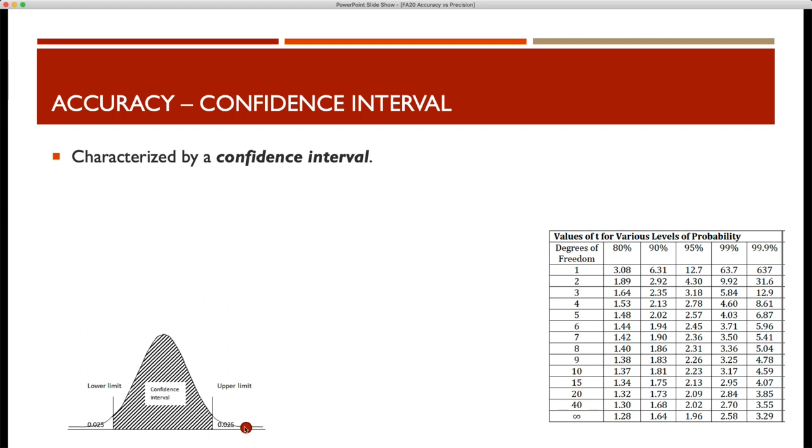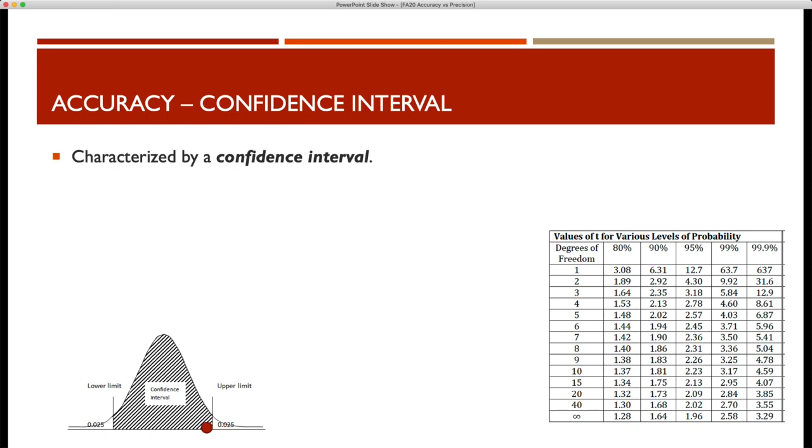We can then compare the true value or the accepted value to that window. And if the true value falls outside that window, then we would say with some confidence that that true value is not a part of the measurements that you have taken. So your true value is significantly different than what you measured in lab.